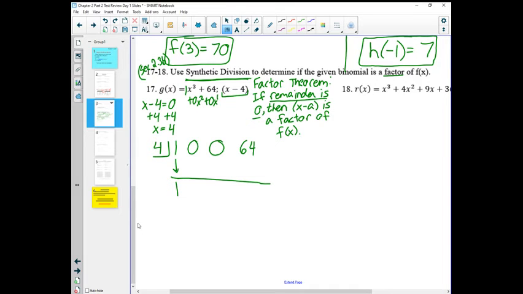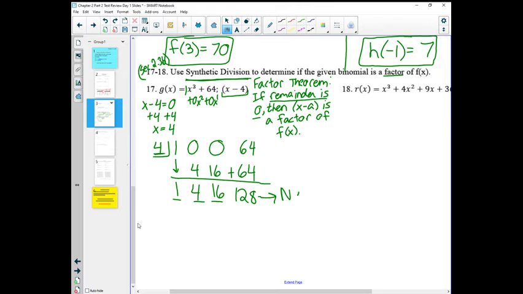Bring down the 1. 4 times 1 is 4 and add those together. 4 times 4 is 16 and add those together. 4 times 16 is 64 and add those together to make 128.